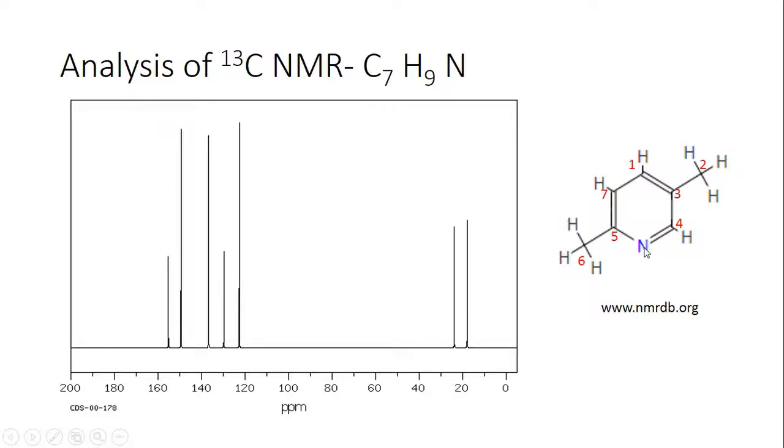And then the second most downfield belongs to the 4 carbon because it's the next closest to nitrogen, excuse me. So then the rest of them can be discovered using the same logic of whichever is closest or furthest from the nitrogen will correspond to the spectrum.